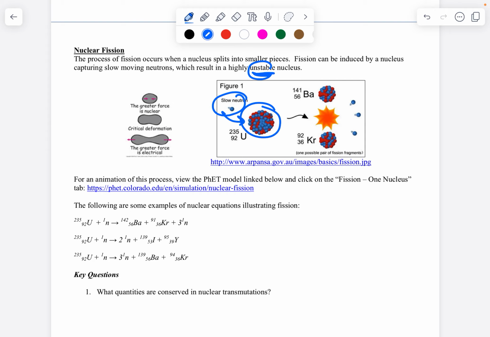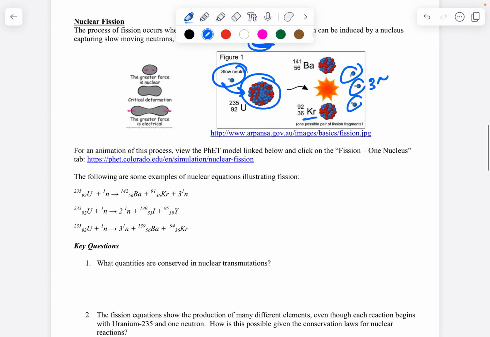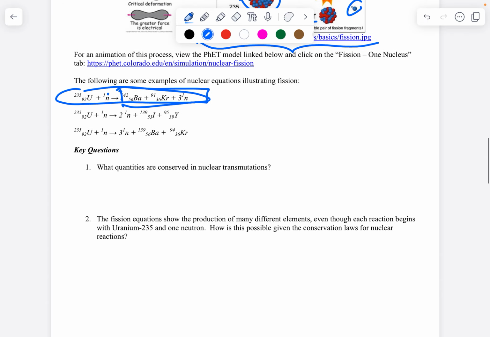So in this case, we get barium, I believe, and then this is krypton, and then the result is 1, 2, 3 neutrons. This exact same thing happens in this reaction right here. So you have uranium-235 plus a neutron, and that gives us all of this. These are examples that you can take a look at.